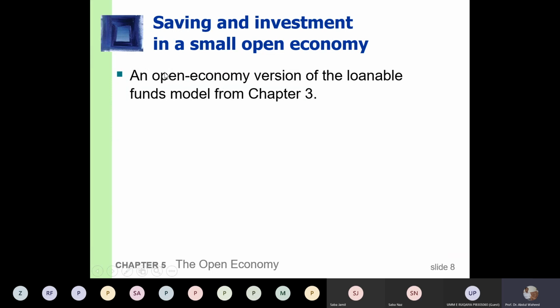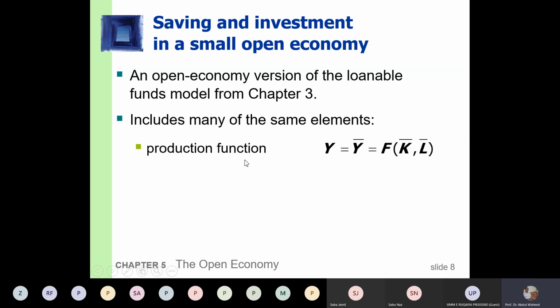Now, saving and investment in a small open economy. This is a small open economy, so then we have some conditions. In chapter 3, we discussed the supply of loanable funds and demand for loanable funds. So we discussed the loanable fund model, and it includes many elements like the production function. In chapter 3, we discussed that output is a function of capital and labor.